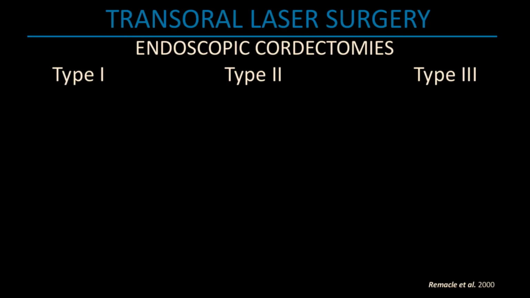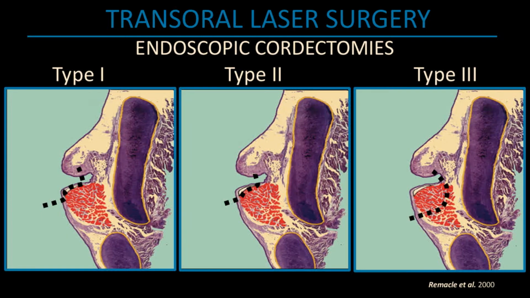So these are the first three types of chordectomy. In untreated cases, we perform type 1 or type 2 according to the algorithm. We perform a type 3 when the patient comes with a biopsy already done.